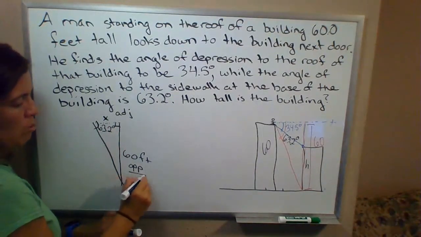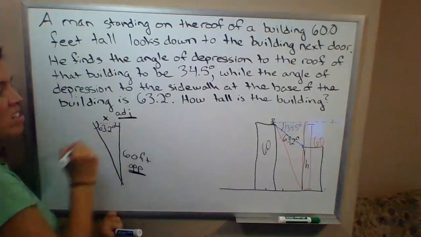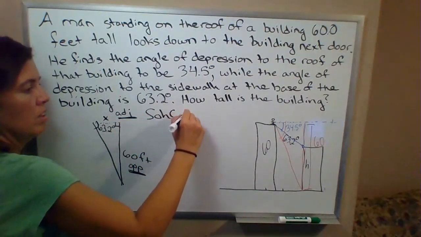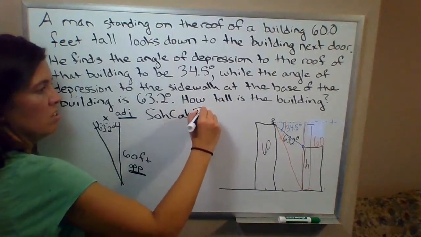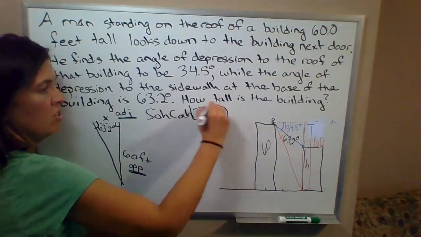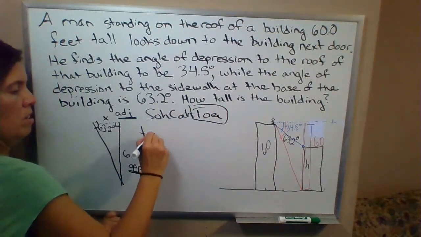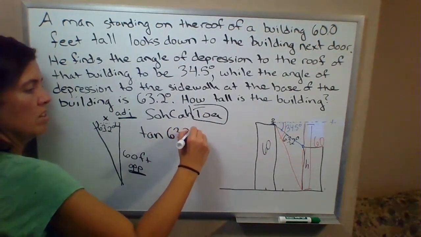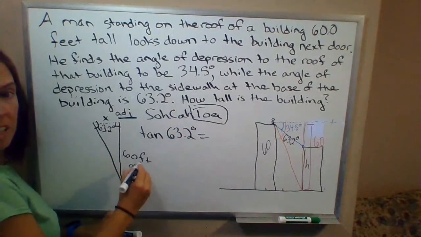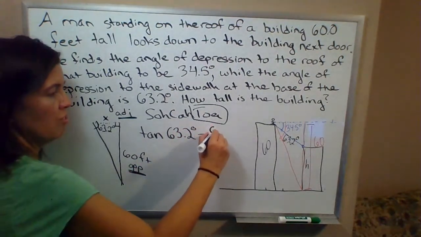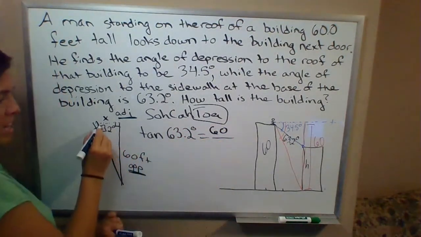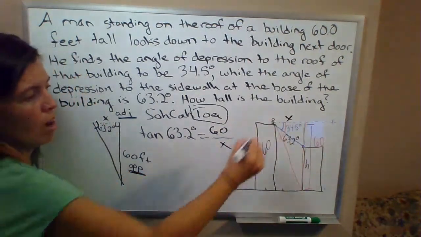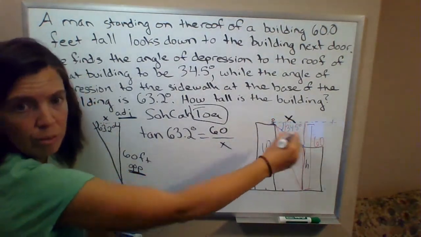So now we're dealing with opposite and adjacent. If you go back to SOHCAHTOA, opposite and adjacent, so we want to use the tangent function right now. Tangent of 63.2 degrees would be equal to the length of the opposite side, which is 60 feet, over the length of the adjacent side, which would be x. That's going to be this distance across the street from one building to the other one.